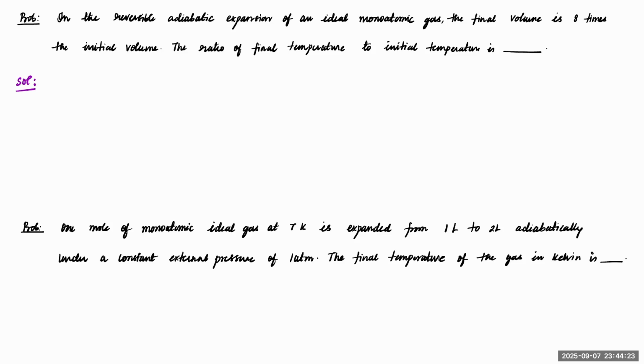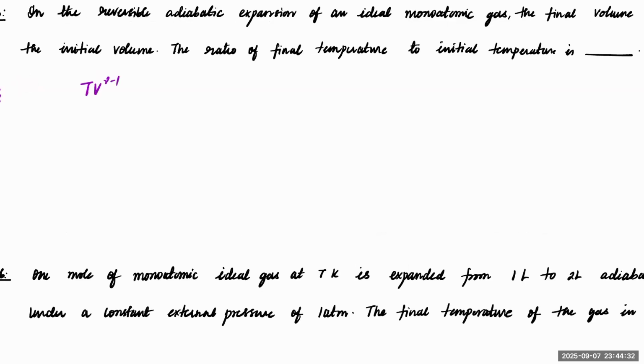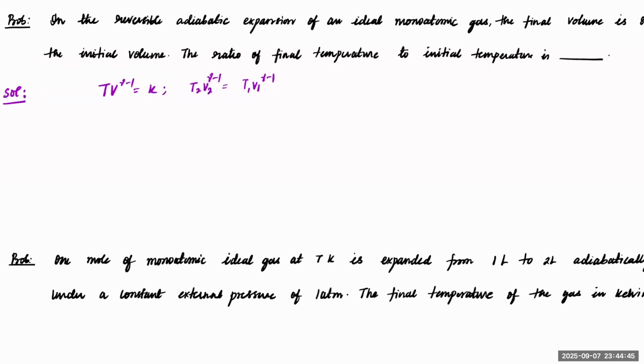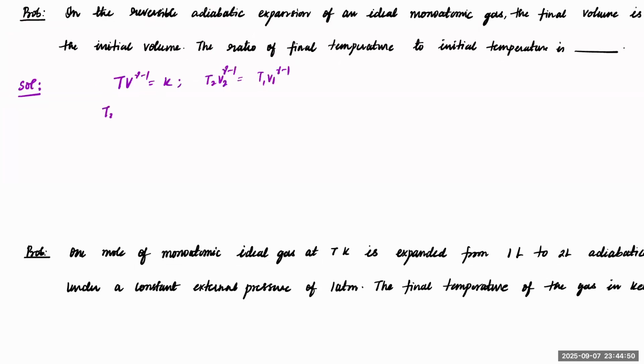See this one. TV raised to power of gamma minus 1 is constant. So T2 V2 raised to power of gamma minus 1 is equal to T1 V1 raised to power of gamma minus 1. We need to find the ratio of final temperature to initial temperature, which is T2 by T1, equal to V1 by V2 raised to power of gamma minus 1.